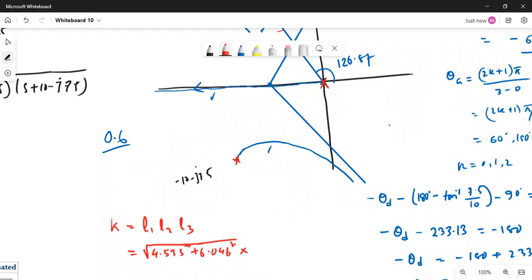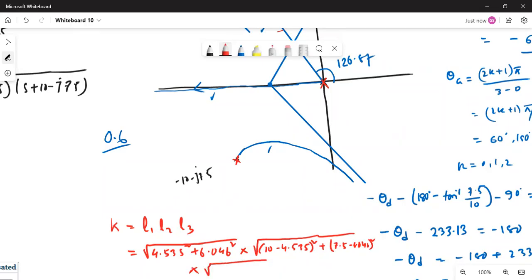The other one, the one that is closer, will be from 10 minus 4.535 whole square, the distance between them, plus 7.5 minus 6.046 whole square.